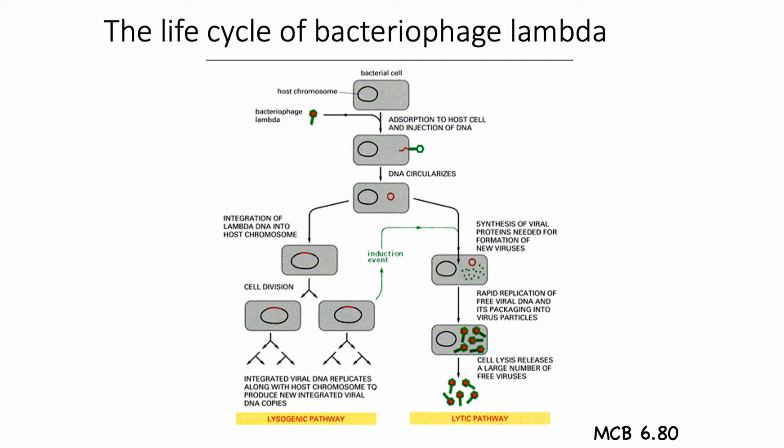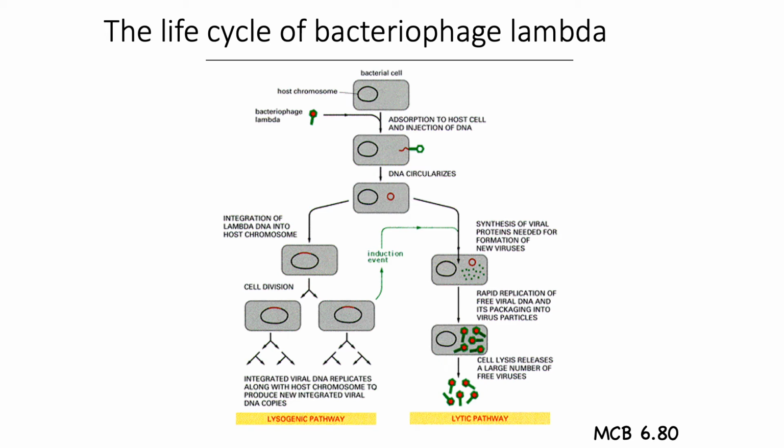And if we have a circle and a linear piece of DNA that have a region of homology, they can pair up. We can get recombination at that site, and the circle is inserted into the linear piece of DNA. And remember, now there are repeated sequences on either end of the inserted piece of DNA.